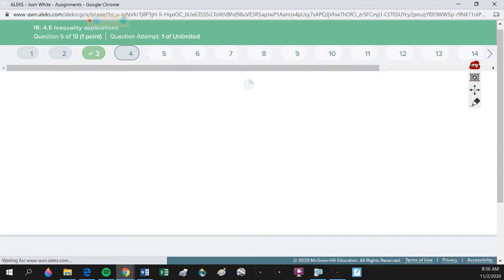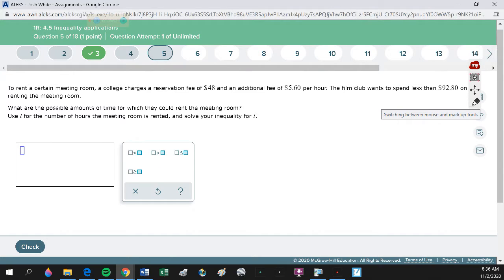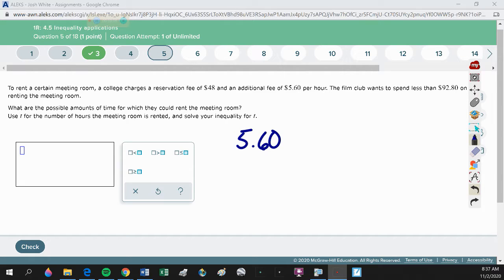Okay, number 5. To rent a certain meeting room, colleges charge a reservation fee of $48 and $5.60 per hour. The club wants to spend less than $92.80. So 5.60 times t plus 48 must be less than 92.8.